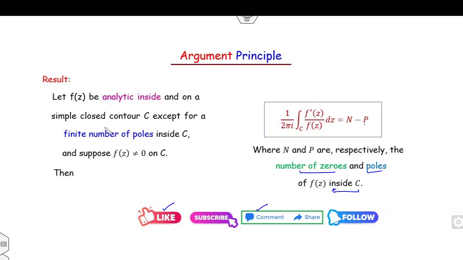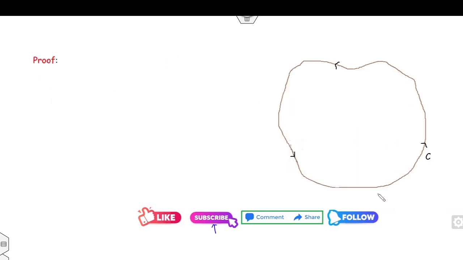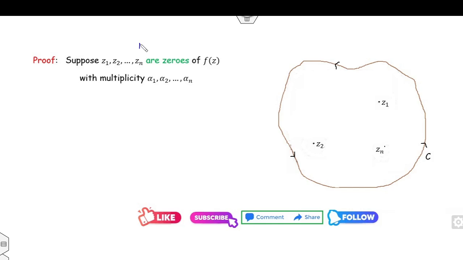Now what is given to you? You can see they are talking about the number of poles, the simple closed curve, and the number of zeros and poles. So let's see, C is my closed simple contour and I consider z1, z2, z3 and zn as the zeros.